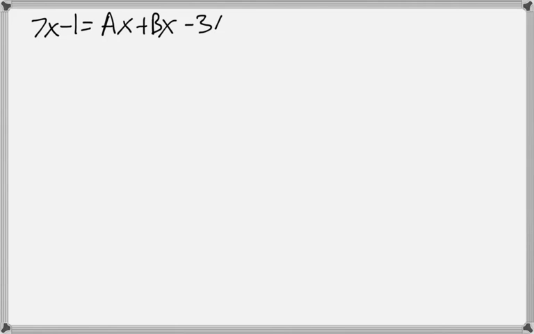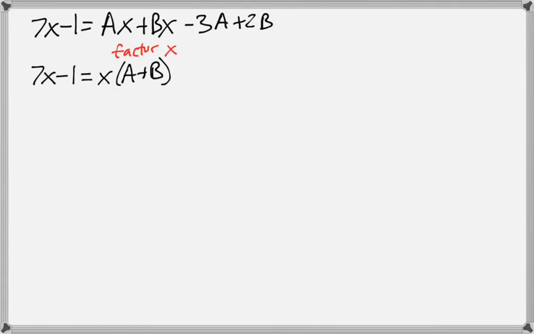And then the negative 3a plus 2b I'm going to write together. And I'm doing this because I actually want to factor. And I'm going to put the other terms in parentheses, and I'll show why.